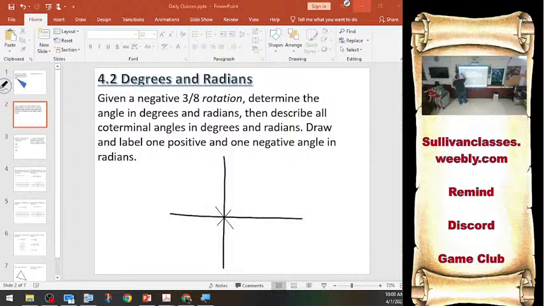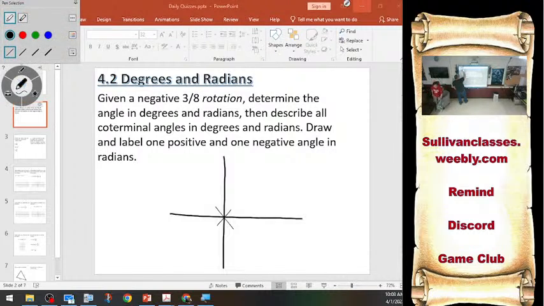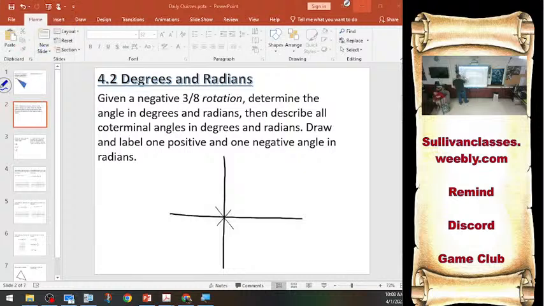So if I go 3/8 of a rotation negatively, that means I will go 1, 2, 3 this way. So you should be at negative 3 pi over 4 or negative 135 degrees.